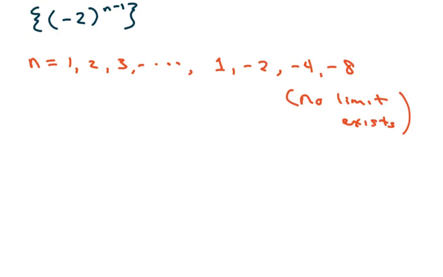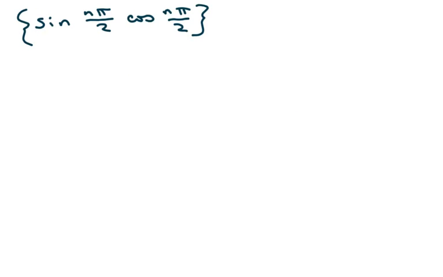All right, and this one, sine times cosine. Again, for this one, I'm just going to let n equal 1, 2, and 3, and more if you want. And when I plug in 1, I'm going to get 1 times 0. And when I plug in 2, I'm going to get 0 times negative 1.